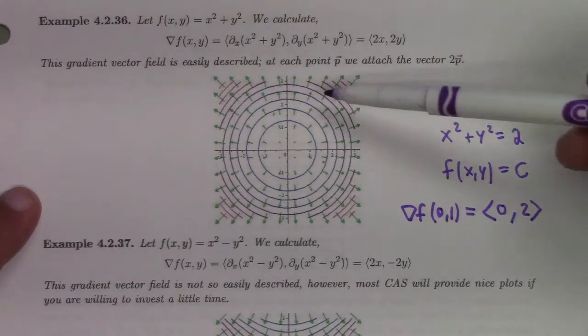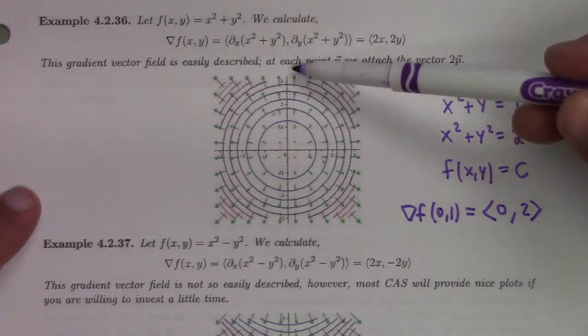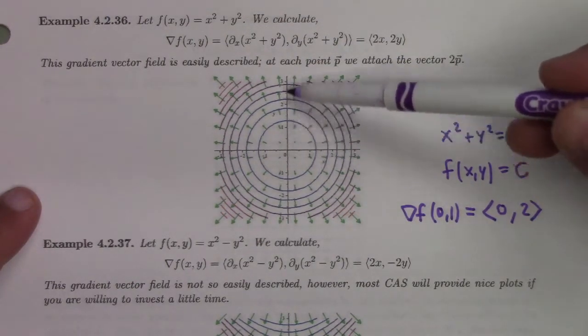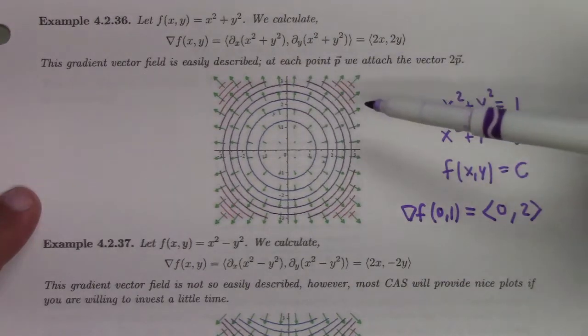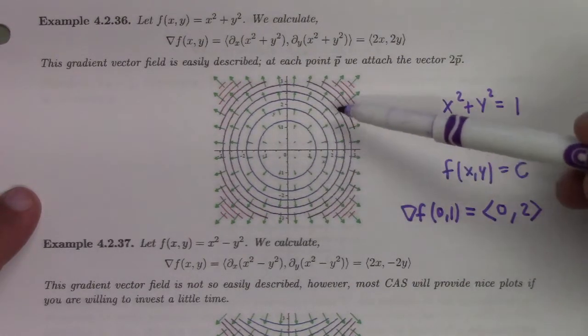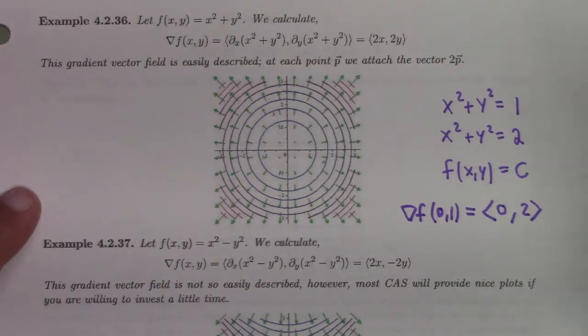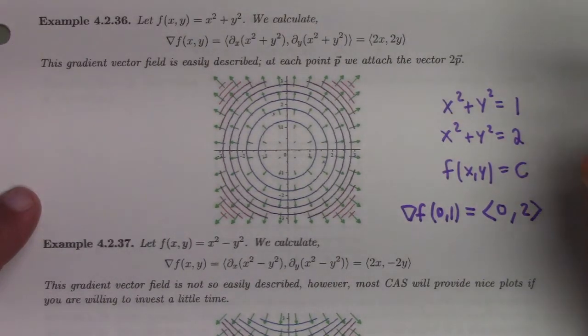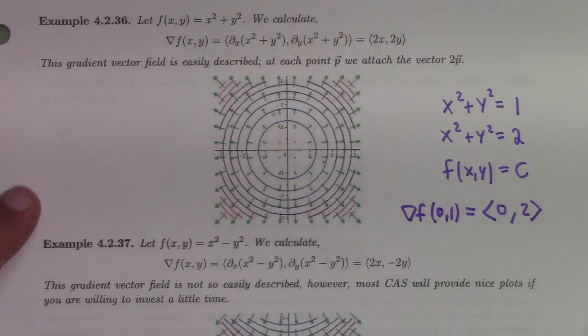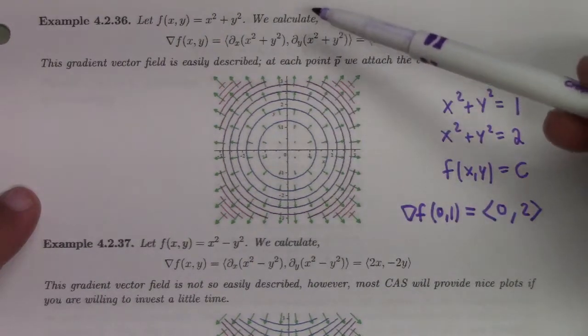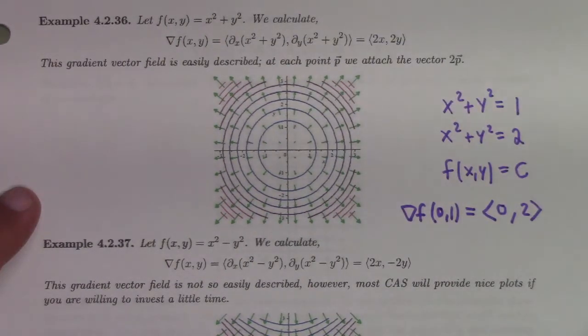So that's why we have vectors that are pointing directly up, like along this area here. If I plug in different points, I'll get these different vectors by plugging in the numbers. So that's a pretty picture of it. And anyway, that's what the gradient vector field looks like for the function x squared plus y squared.